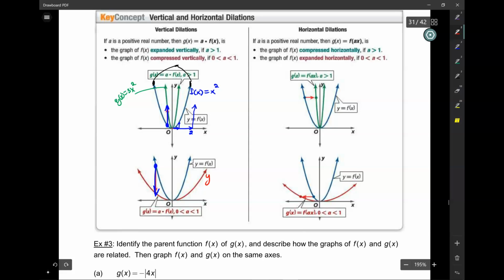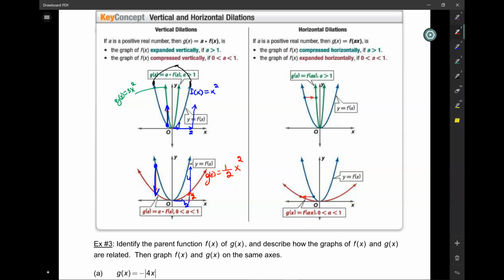That would look like if I have g of x equal to 1/2 x squared. Now, if I had gone over 2 spaces, instead of going up 4, how much am I going to go up now? Half the amount, 2.